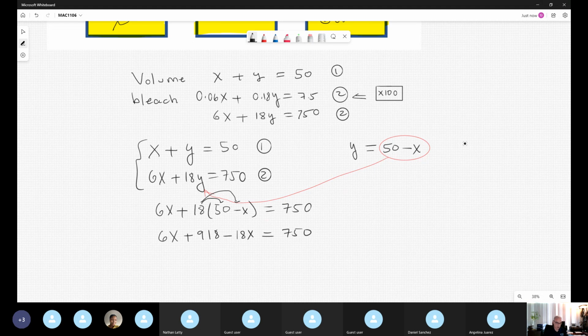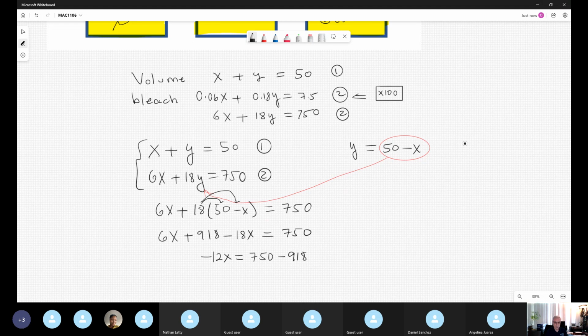Combine like terms. 18 is negative, 6 positive. Subtraction is minus 12. And also, why not? I'm moving 918 to the other side. Entonces ya subtracting 750.